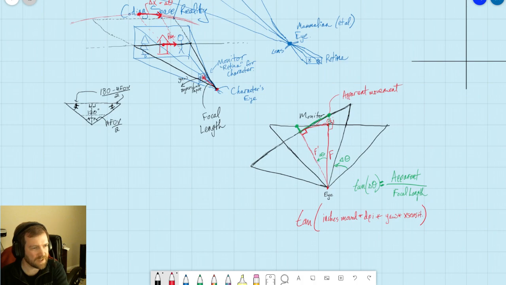Don't tell me you're using a tangent multiplication formula. Alright, so DPI times yaw times x sensitivity multiplied by x, our inches moved, is just going to be our variable.